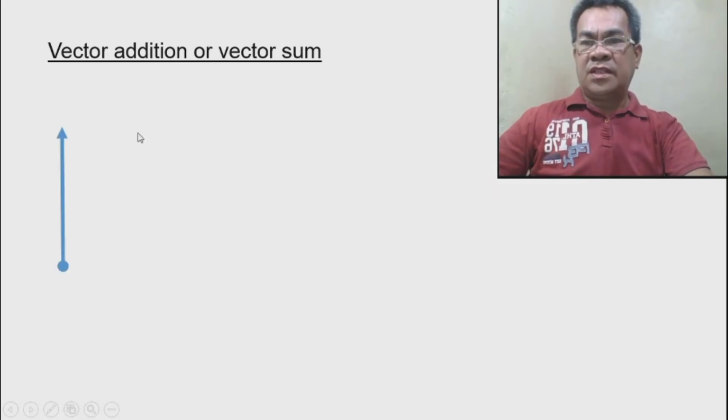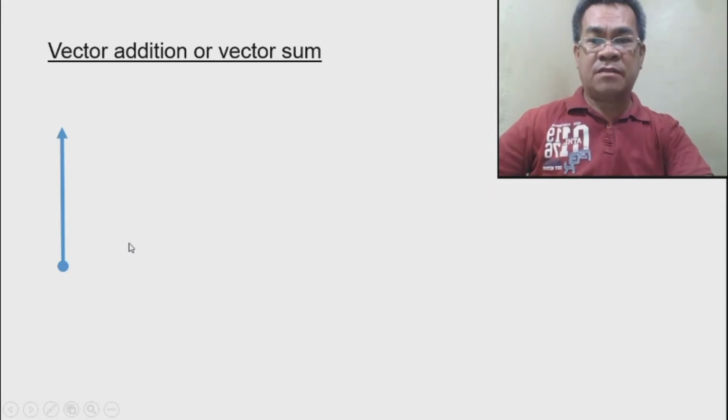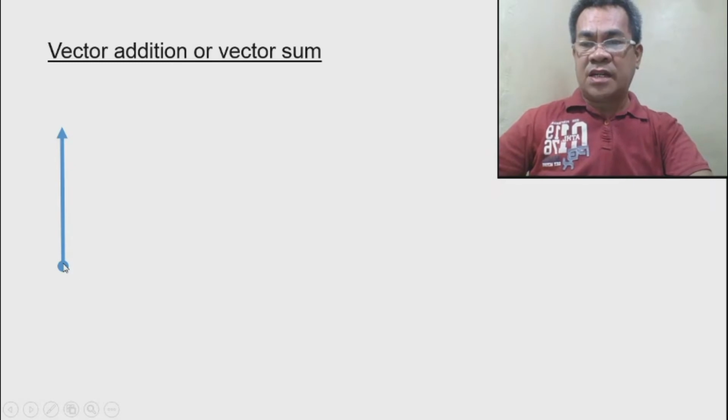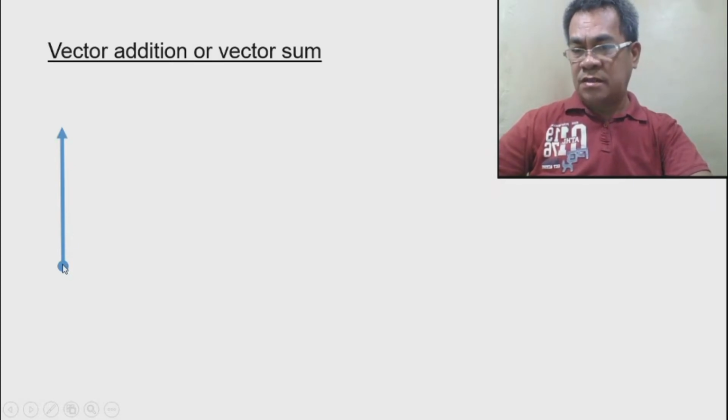Now, it is good to have the mathematical notation because we will use symbols. Okay, when you say vector, it has a tail and it has a tip. The tail is this point, and the tip is the tip of the arrow. The arrow signifies direction.